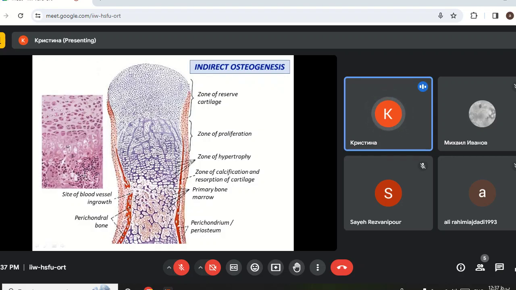Resorption means the breaking down of something. In this area, the calcified cartilage is broken down with the help of the osteoclasts, which come from the primary bone marrow cavity, which now fills the inner space of the diaphysis region of our developing bone.